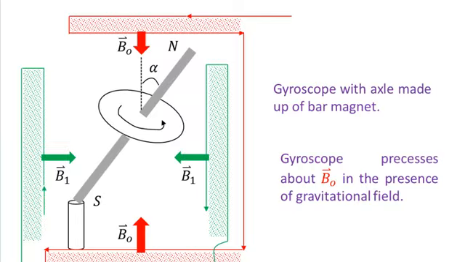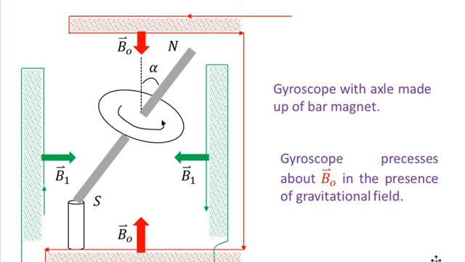Here I am going to show you a diagram which is very similar to the case of a mechanical gyroscope. You may also consider it as a gyroscope with the axle made up of a bar magnet. The gray bar is actually made up of a bar magnet. And here I have applied two magnetic fields.